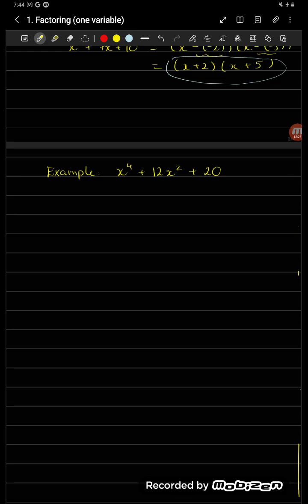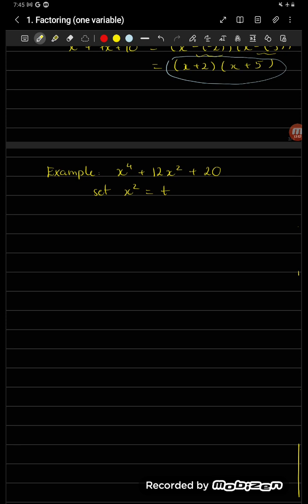So we only need to do a little trick: we set x squared equal to t. We just change it to another variable, so that it turns into the general form we know, ax squared plus bx plus c.